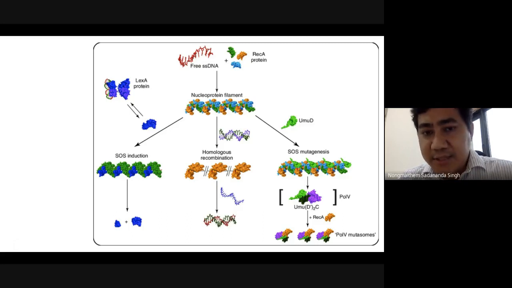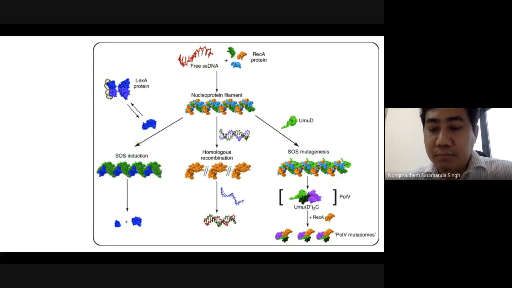The SOS response that we have been talking about, which was proposed by Radman in 1974, has come to be known to involve RecA filament formation, and it is acting through LexA. So how is LexA involved? That is very important to understand the SOS response.